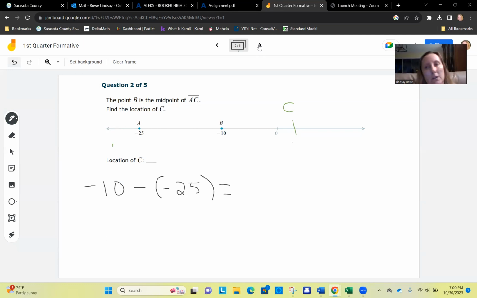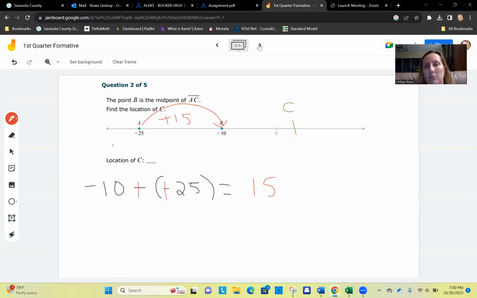That's going to find the whole distance between A and B. Minus a minus is plus a plus. So how far is it between A and B? 25 minus 10, that's 15. So when I jump from here to here, right, that's plus 15.